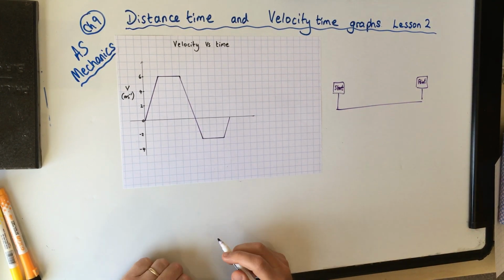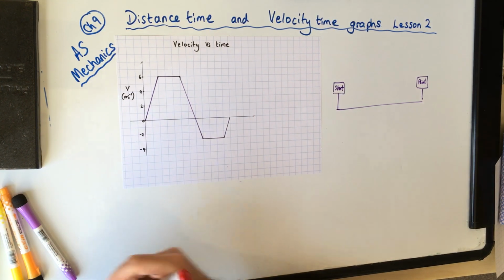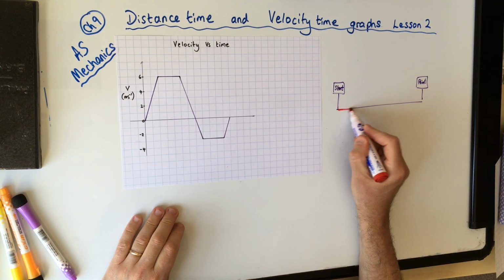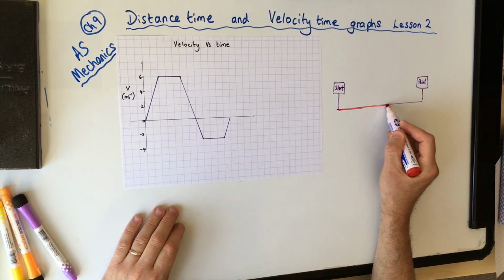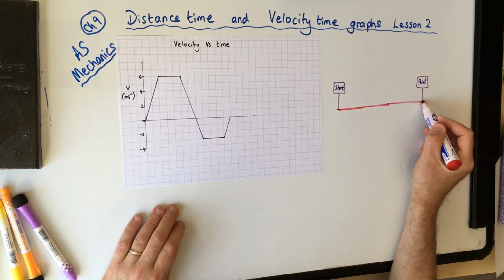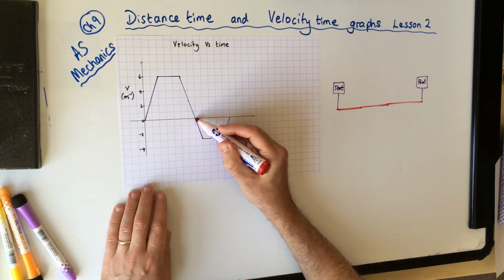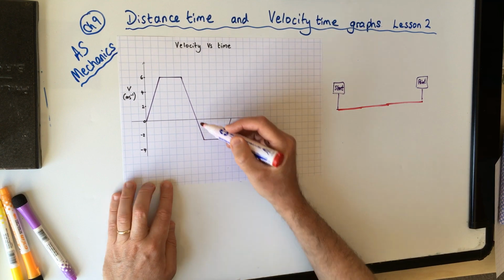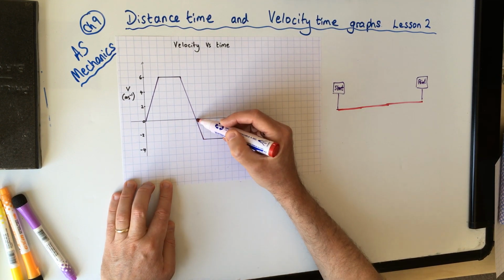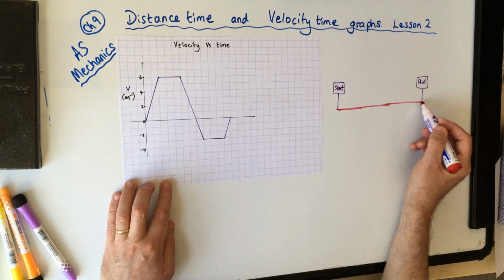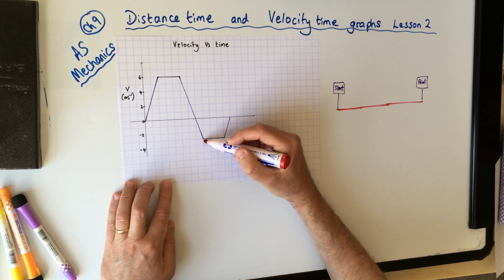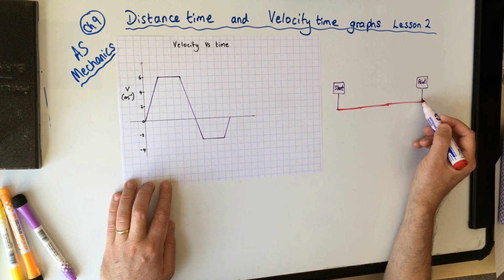What's happening with this one is that it's speeding up, constant velocity, decelerating to 0 and stopping at this point, where velocity is 0, and this now is an acceleration increasing speed to minus 3 meters per second.